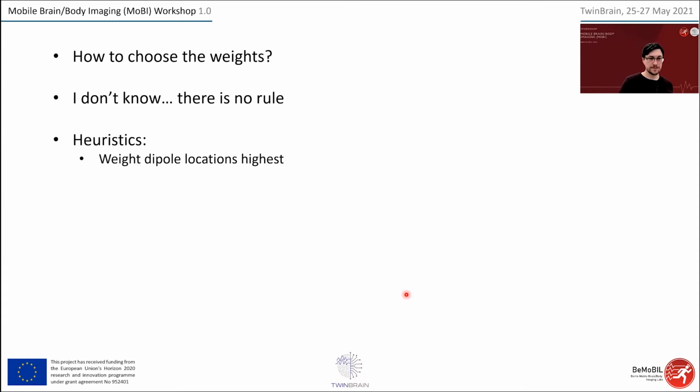So first of all, it's probably a good idea to weigh the dipole location the highest. And that's because, I mean, that's the core issue, that we cannot compare the topographies alone. So that's why we do this dipole stuff in the first place. The problem with the dipoles only is that it's inaccurate in EEG. It's really not the best measure that we have in EEG.